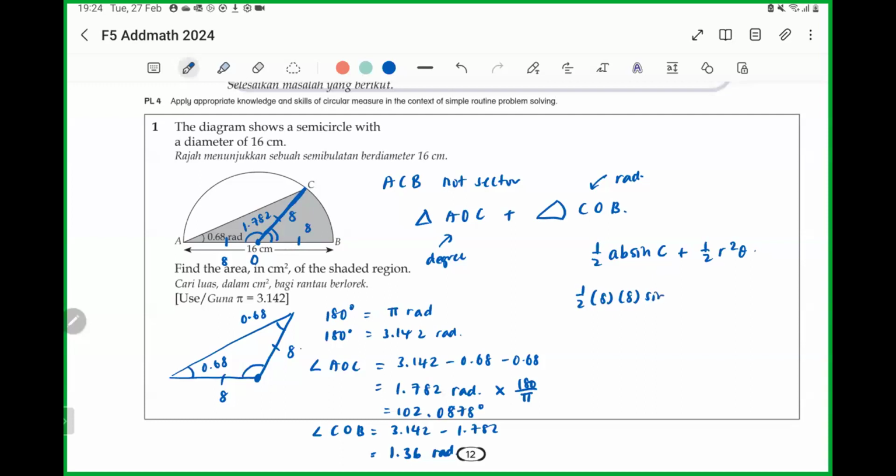So here will be sine 102.0878 degrees plus the 1 over 2 r squared theta, 8 times 8, theta is 1.36.